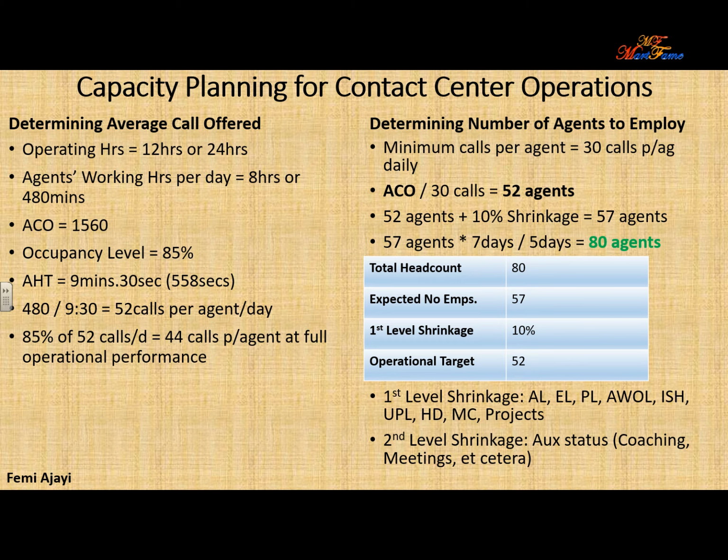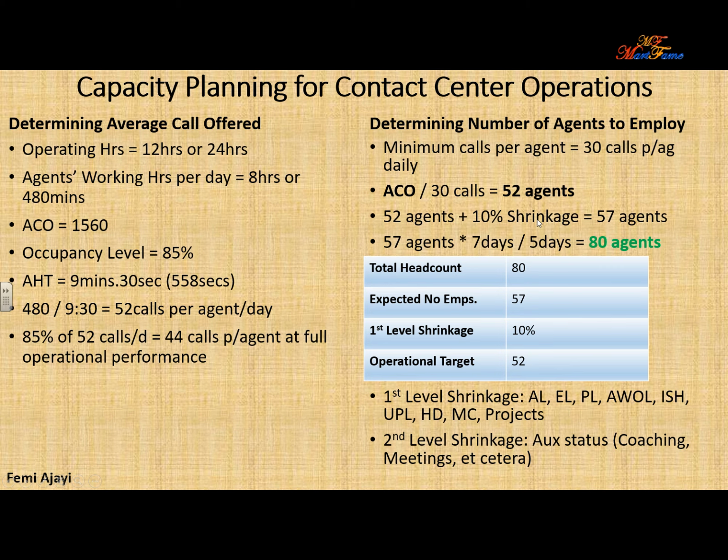It is highly impossible to have the total 52 agents turning out in a day, because some of them will be on MC, emergency leave, annual leave, what have you. So in this case, we need to bring shrinkage into play. As I said, different contact centers will have their own target, but as sample data here, we can say the shrinkage level should be 10%.